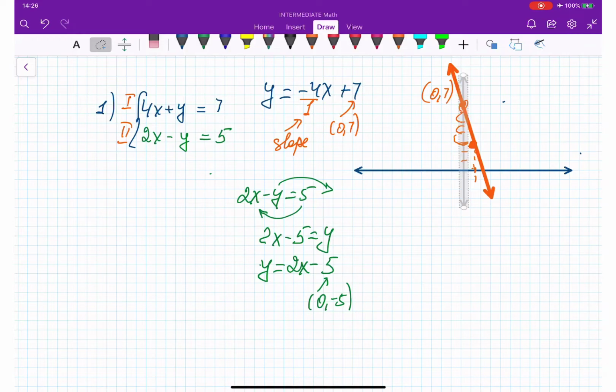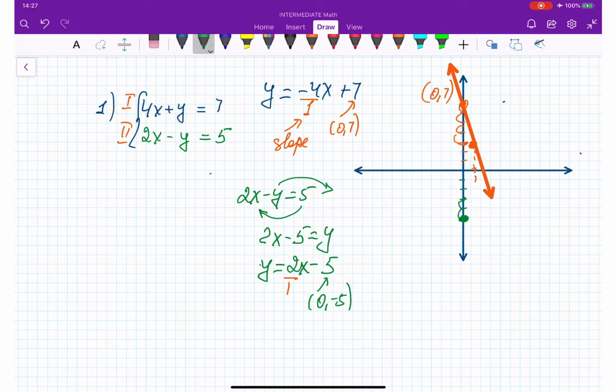Okay, so the y-intercept is going to be (0, negative 5), correct? Let me stretch this down. So negative 5: 1, 2, 3, 4, 5, negative 5. This is the first point. For the second point, we identify our slope, which is 2 over 1. So I'm going up by 2. Negative 5 plus 2 is negative 3, right?